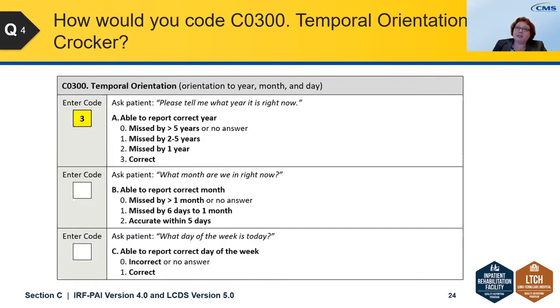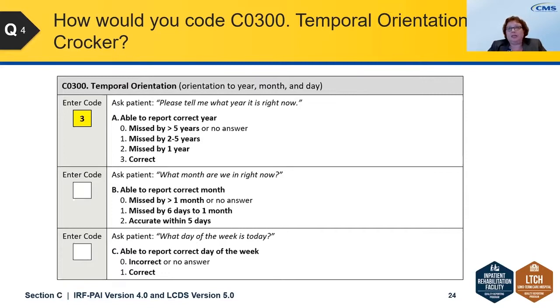But before we discuss the rationale for this, let's continue coding C0300. Moving on to C0300B, able to report the correct month. And now, how would you code C0300B, able to report the correct month for Mr. Crocker? Is it 0, missed by greater than 1 month or no answer? 1, missed by 6 days to 1 month, or is it 2, accurate within 5 days?